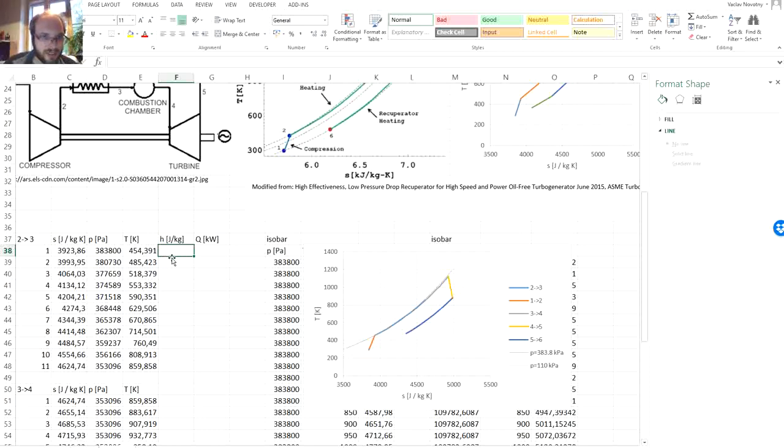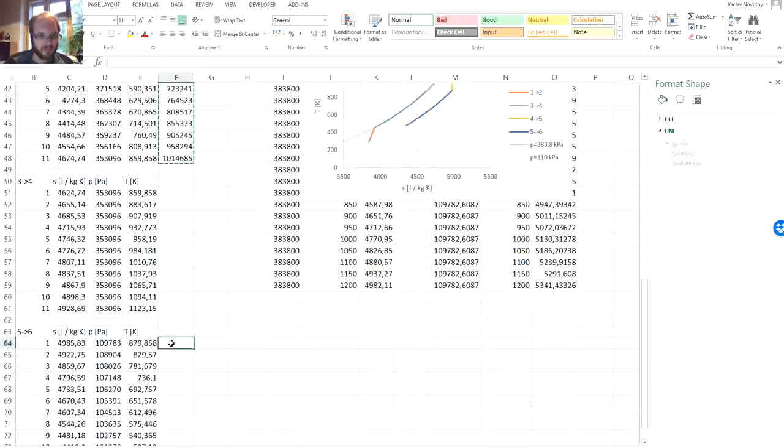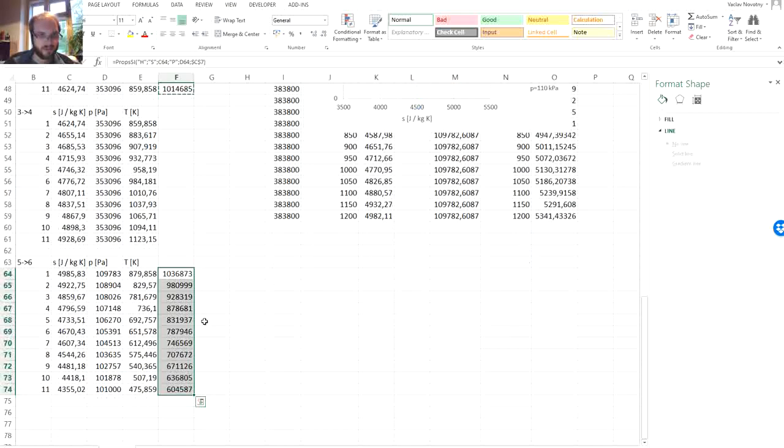Not such large numbers. So for the enthalpy we can use basically the same function as we have over here. Just we will change temperature to enthalpy. Same can be applied for 5 to 6.